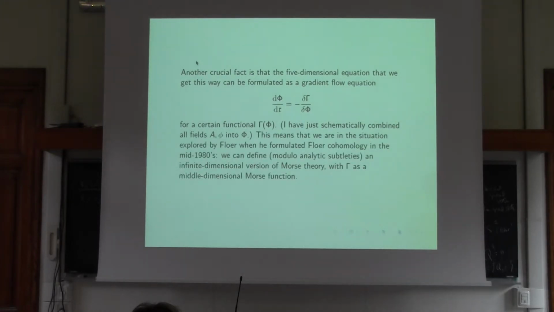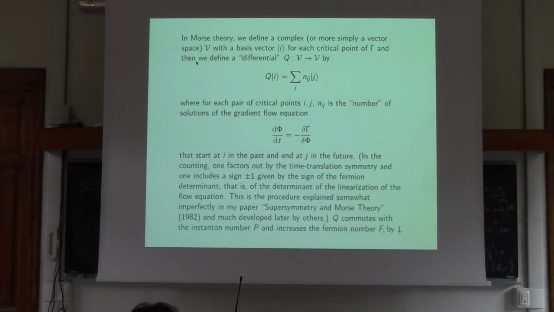That means we're in the situation explored by Floer, wanting to find cohomology in the 80s. Modulo analytic subtleties, we can define an infinite dimensional version of Morse theory with gamma as the Morse function. So, I've stated this in mathematical language, but on the blackboard we had it in physical language. So, okay, I'll continue with the math language for a little bit. In Morse theory, we define a complex, which is a fancy way to say a vector space, V, with a basis vector I for every critical point.